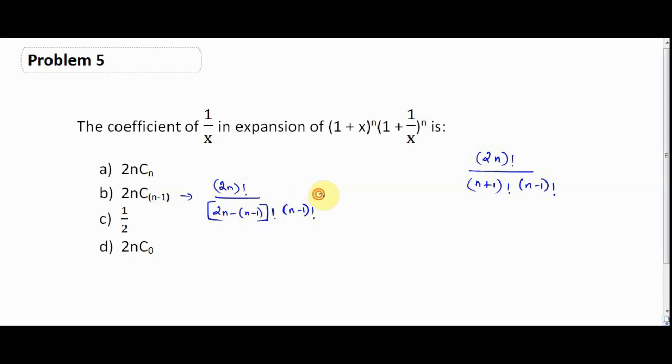Once you simplify this, you will get 2n factorial divided by (2n minus n, that will give us plus n, then we have minus of minus 1, so we get) n plus 1 factorial into, here we have, (n minus 1) factorial. Okay, so here the right answer is given by option B.